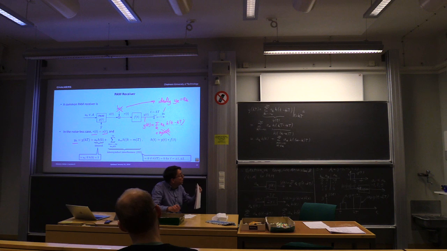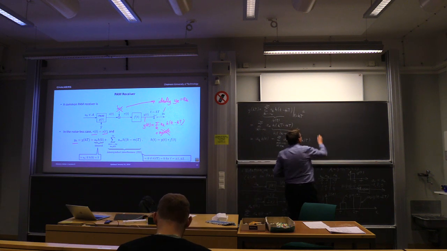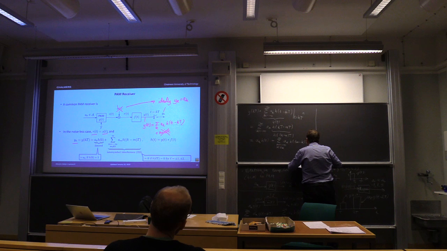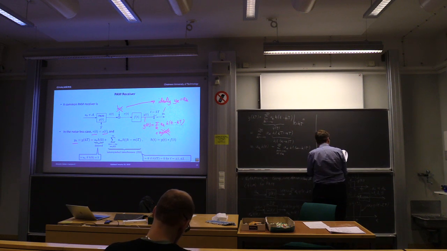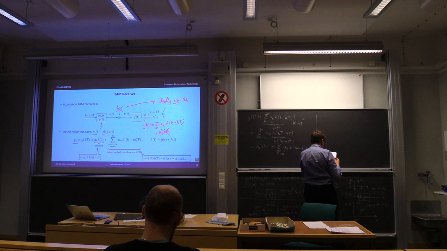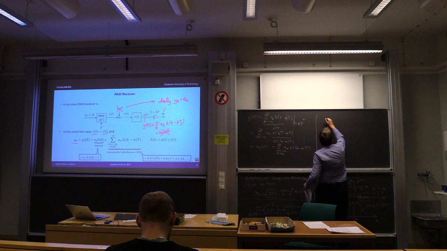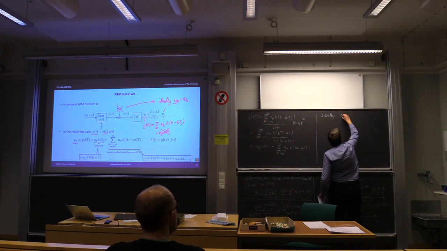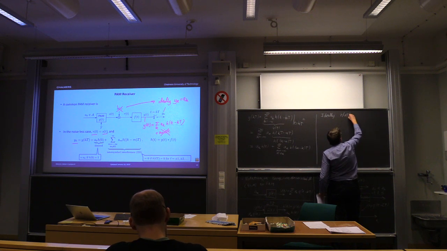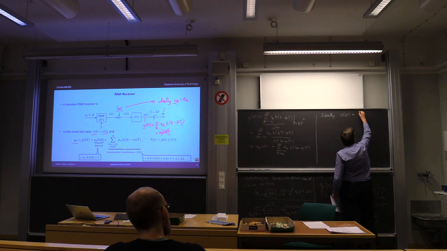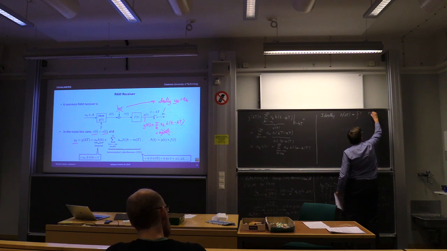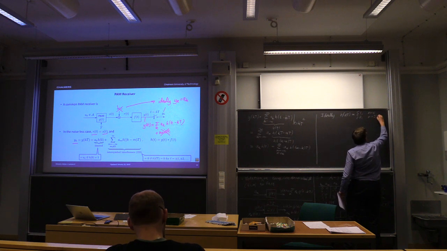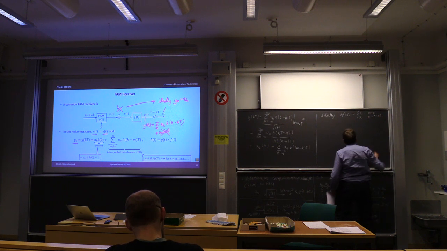Okay, so let's make an example to see when this is the case. Ideally, we would like to make h(nT) equal to 1 when n is equal to 0, and 0 when n is plus minus 1, plus minus 2, etc. Okay?